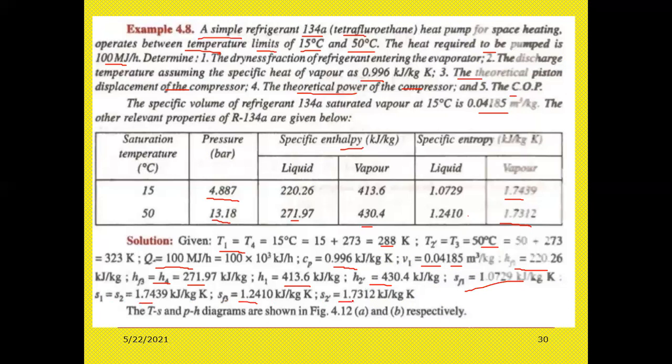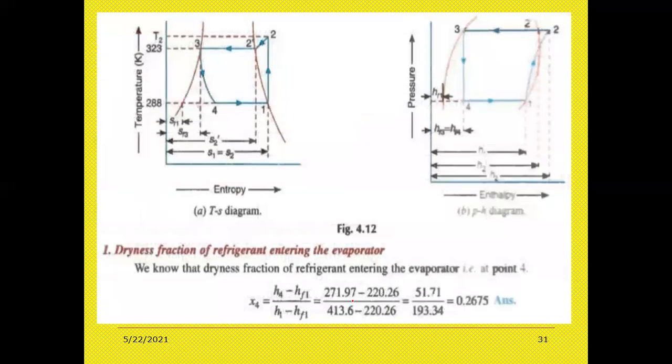So we have to draw the TS diagram and pH diagram respectively. See the pH diagram: pressure on the y-axis, enthalpy on the x-axis. Here it is shown H2, H2 dash, H1.